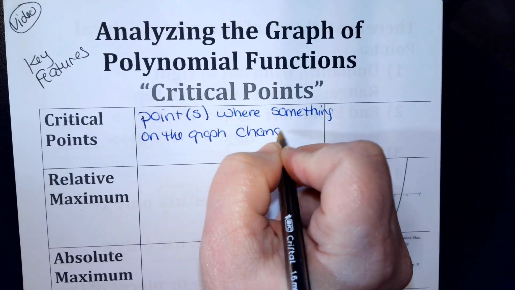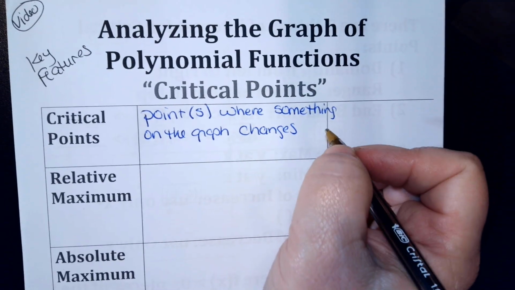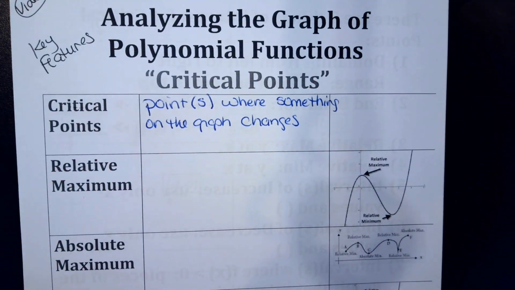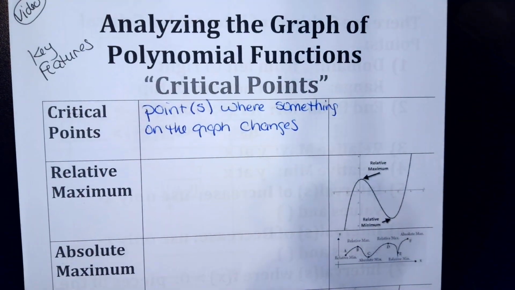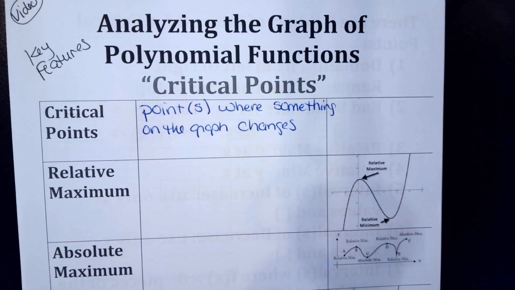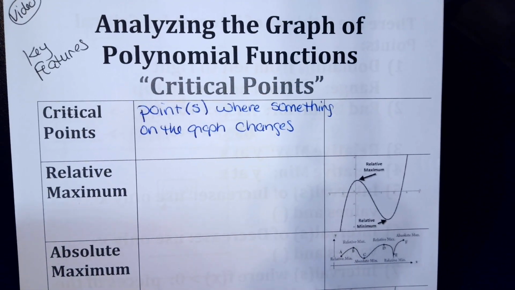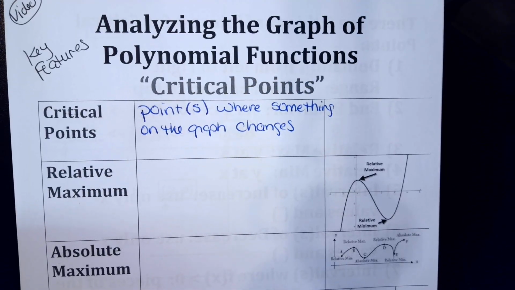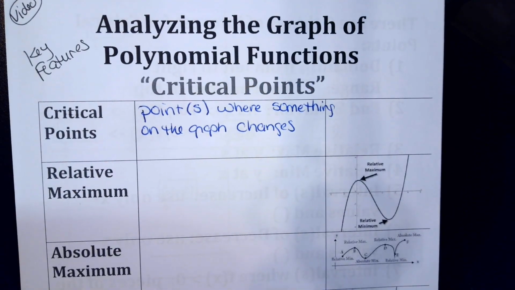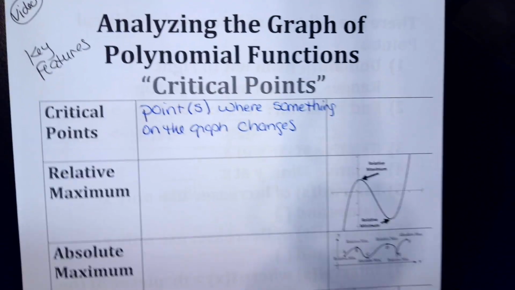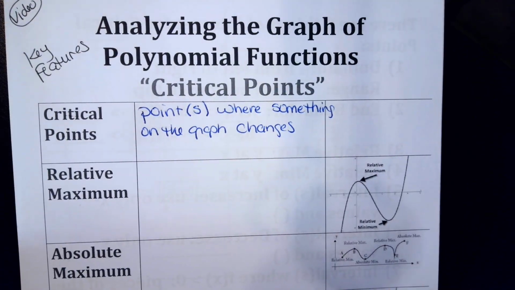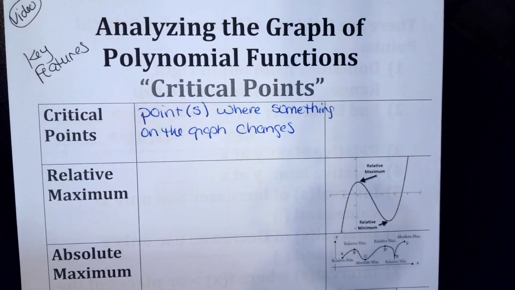Now, obviously, there is a more formal definition, but I just like using this very general definition. So again, a critical point is a point on the graph where something changes. Instead of going left, it makes it go right. Instead of going up, it might make it go down, etc.